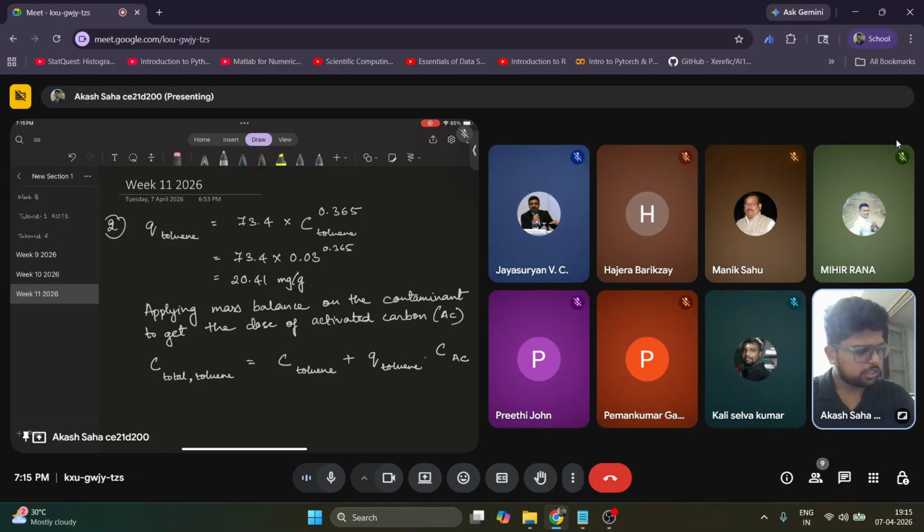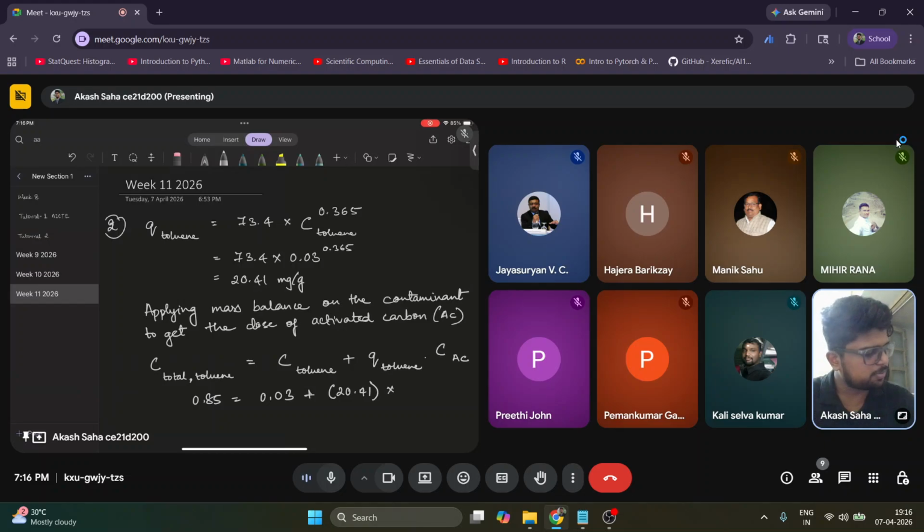So the total toluene in the system, that is the initial concentration, we know it's 0.85, and the final concentration is 0.03, plus some amount is adsorbed. That adsorbed amount is 20.4 milligram per gram of adsorbent.